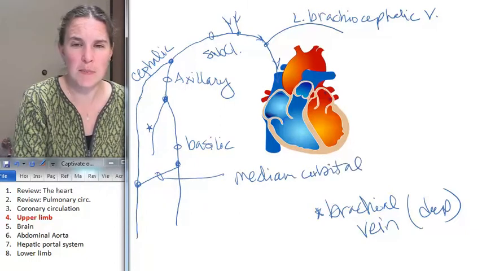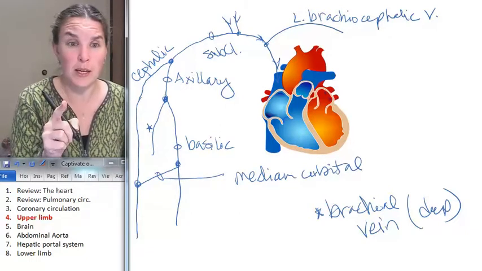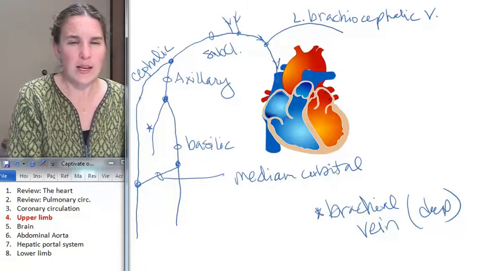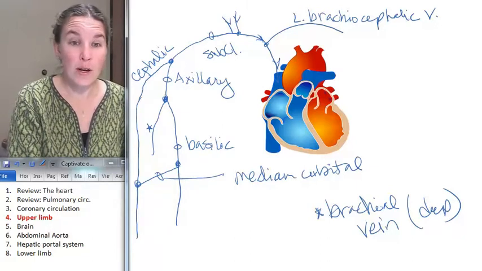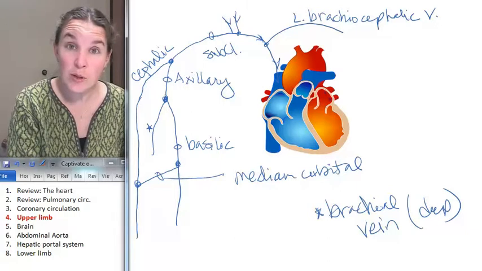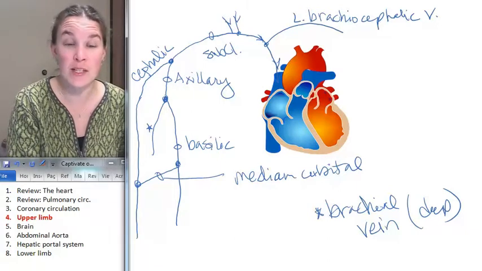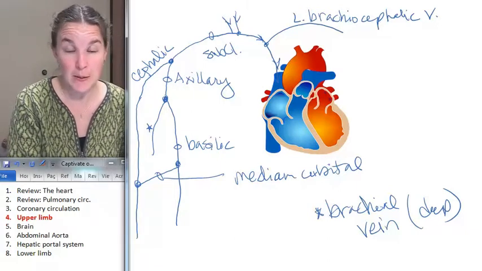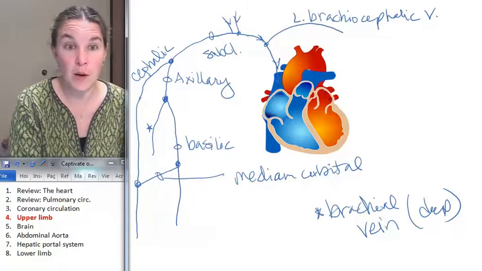Now, somebody somewhere told me, I want to say it was basilic, I can't remember, one of these veins. Median cubital is a common vessel for drawing blood. That's why it's really important that we know it.